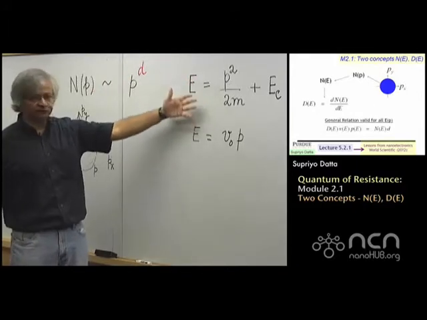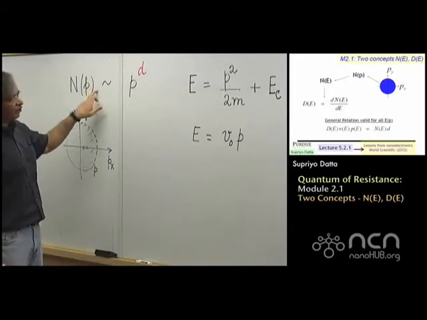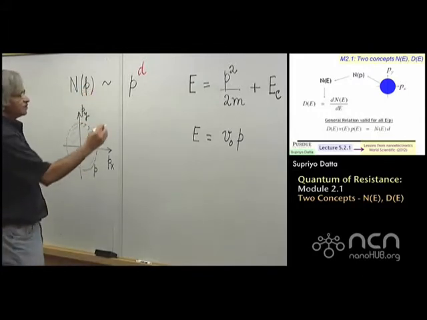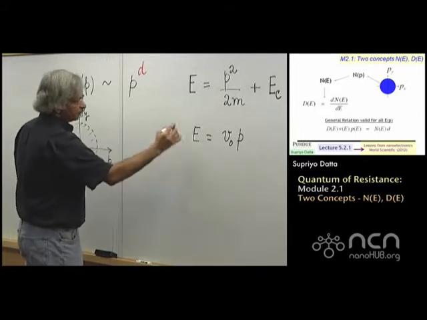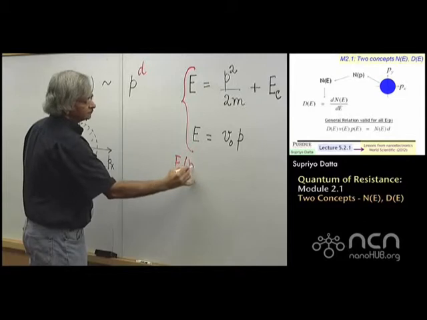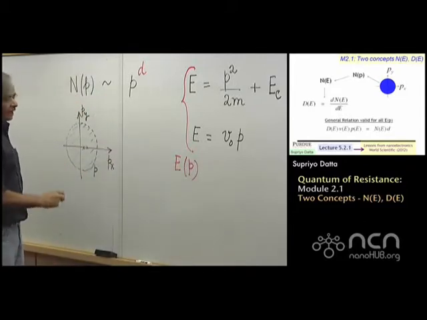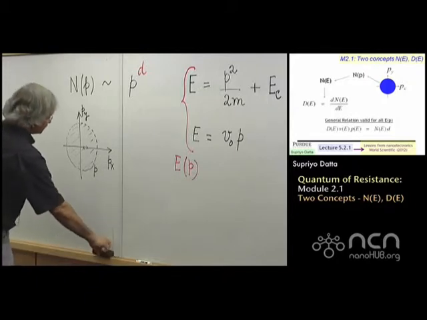So these are all different energy momentum relations. And what we'll do is combine N of P with this E of P. So in general, we have some energy momentum relation, and we can combine those two things to obtain an N of E.